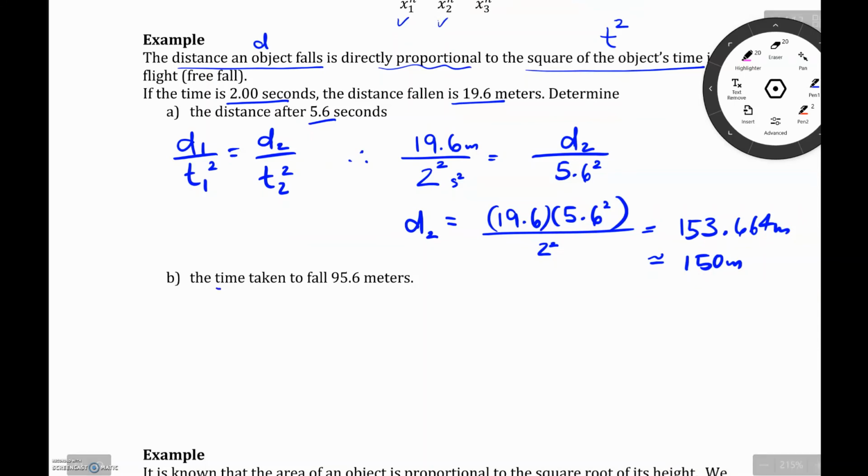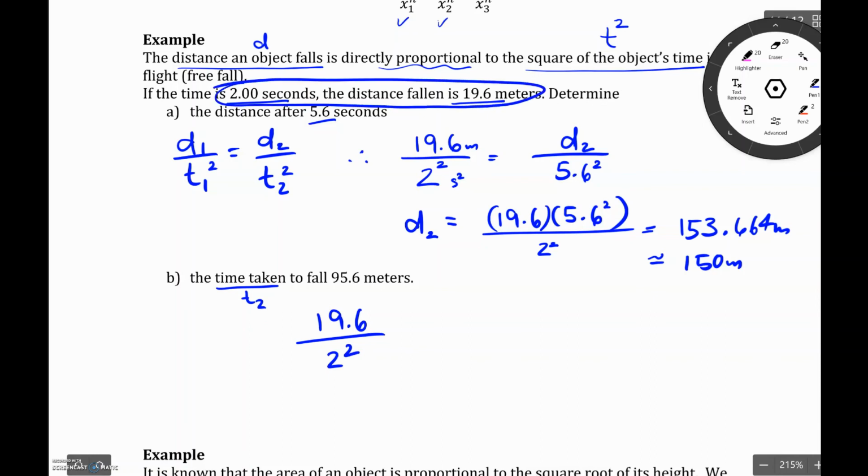Now the second part says you want to find the time. So the first part remains the same, 19.6 over 2 squared, that's coming from what's given right there. That's your t1 and d1 values. But now you want to find the time. Time was at the bottom. So we're going to have t squared. And your distance is going to be your 95.6.